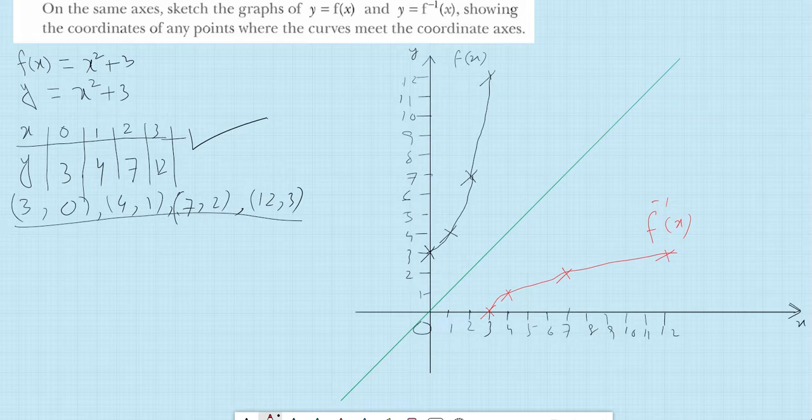But the spirit is how to draw the graph of the inverse function. What you have learned today is that the graph of a function and its inverse is the reflection. I am writing it: it is the reflection. Okay, student. Some more questions still remain, which we will do in the next lecture.